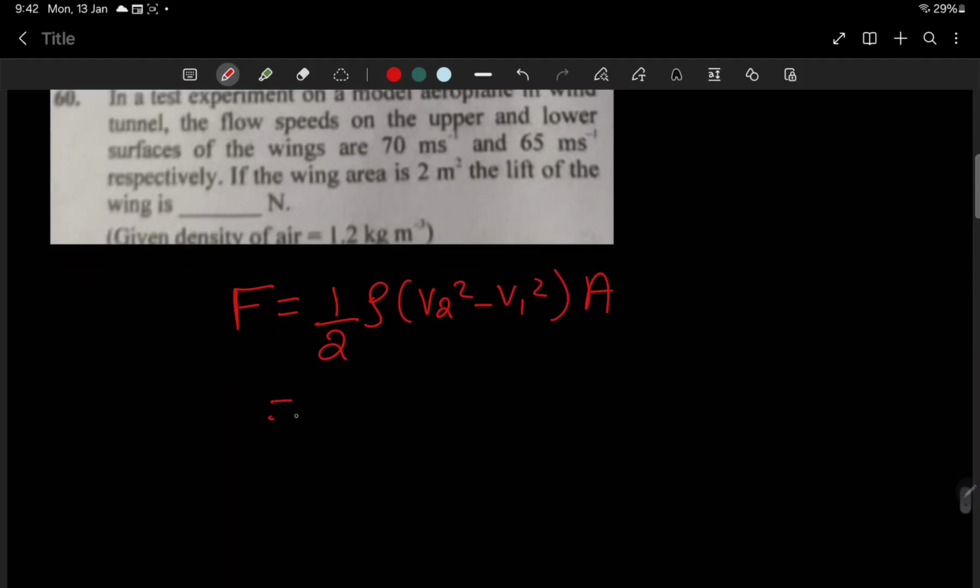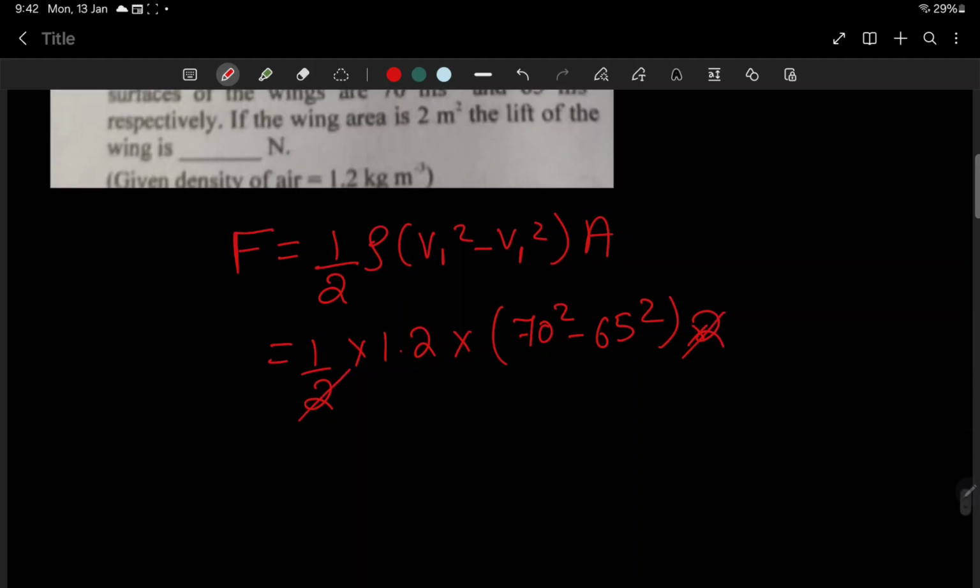Just substitute it, half into rho, it is v2 square. Sorry, I made a mistake, v1 square minus v2 square, or v upper square minus v lower square. That is 70 square minus 65 square into area is 2.